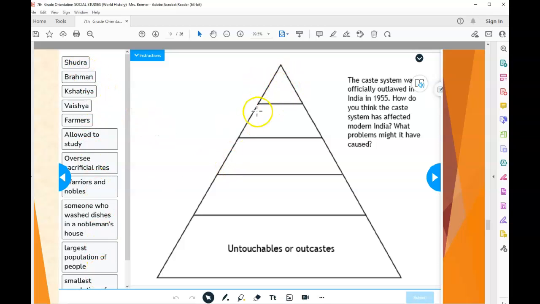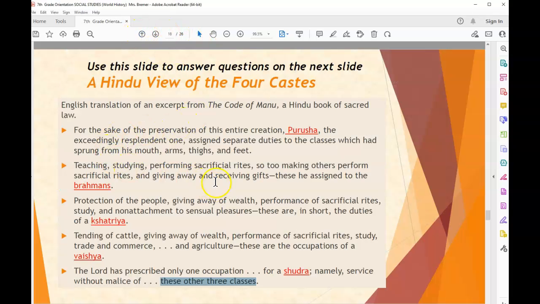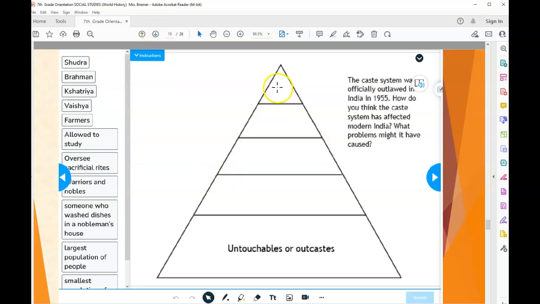So here is the caste system. These are the different levels. The bottom level is the untouchables. So who is at the top? Use, again, this slide. And these are in order, the highest rank down to the lowest. So use that. And so you've got the Shudra, Brahmin, Kshatriya, Vaishya.